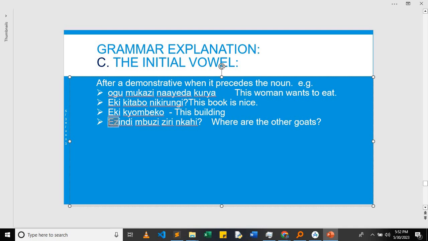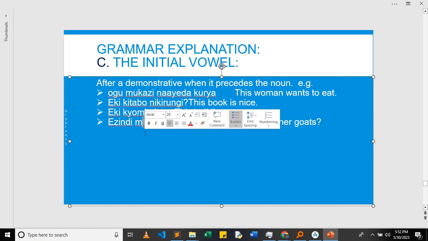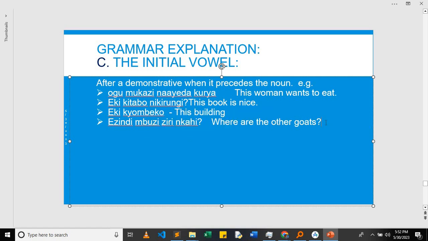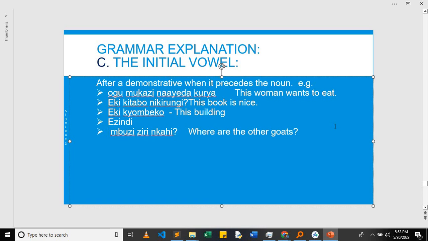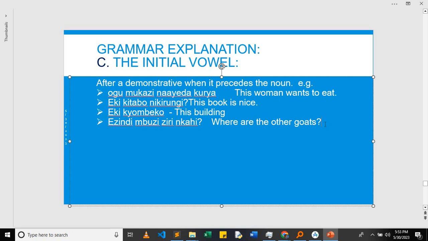Then we have this EZ. Ezindi mbuzi ziri nkahi. This EZ is for animals. Ezonkoko, you can say ezonkoko, those cows.